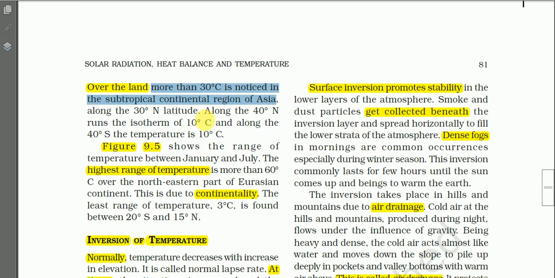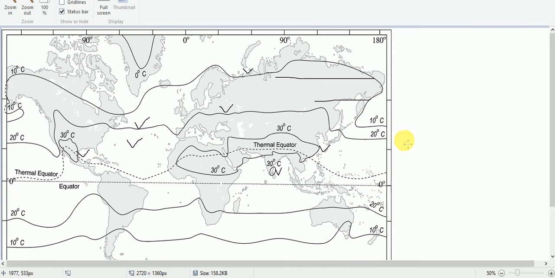And along the 40 degree north runs the isotherm of 10 degrees Celsius, and along the 40 degree south temperature is 10 degrees Celsius. Along 40 degree north, as I told you, this is 0 degree equator, this is 30, and here 40 is somewhere here, this is 60.